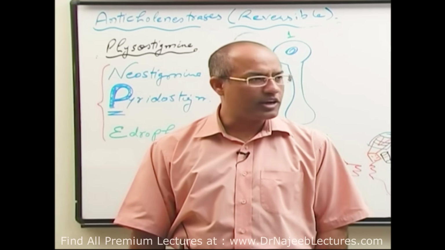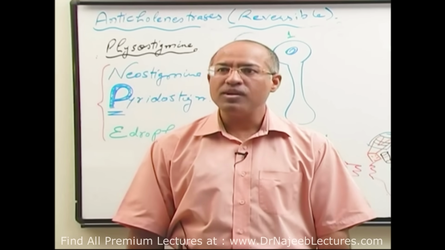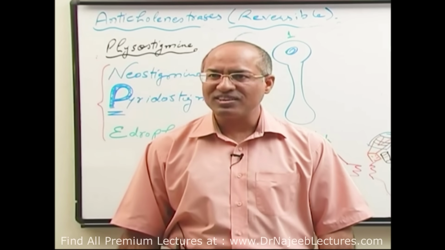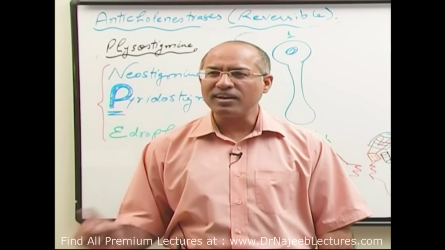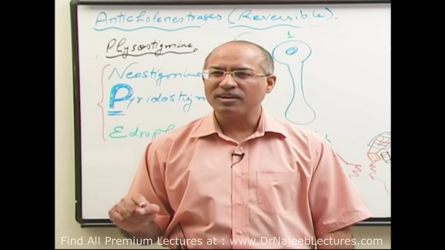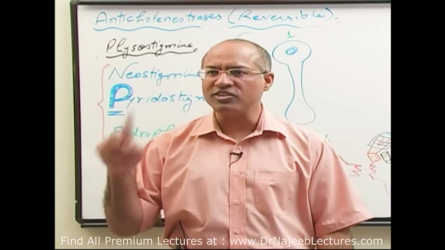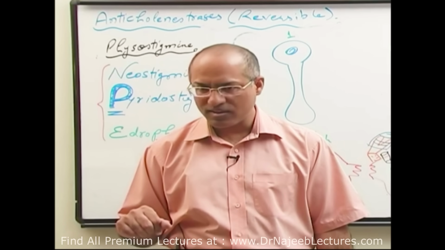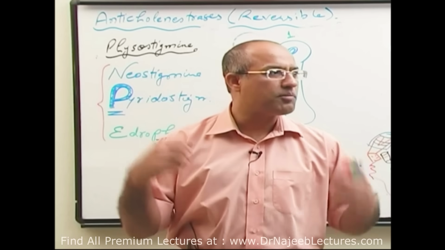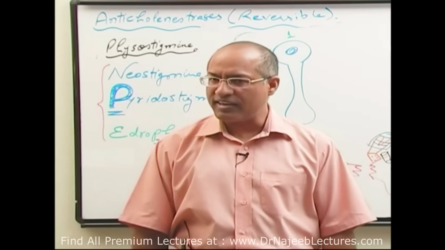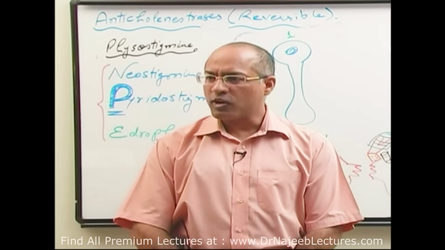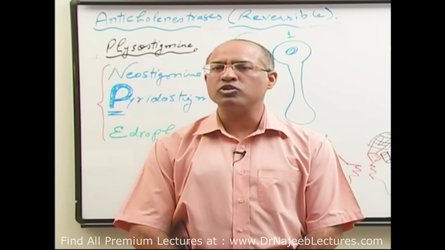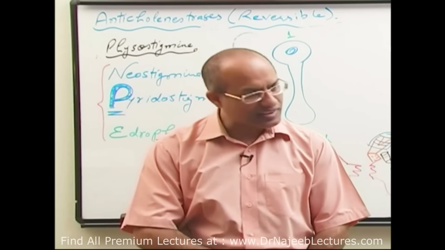You inject the edrophonium and see. If my power improves, then it means I am under which crisis? Myasthenic crisis, and you have to increase the dose of neostigmine. But if after the Tensilon my power further decreases, then it means I was under cholinergic crisis and my dose of neostigmine needs to be decreased.